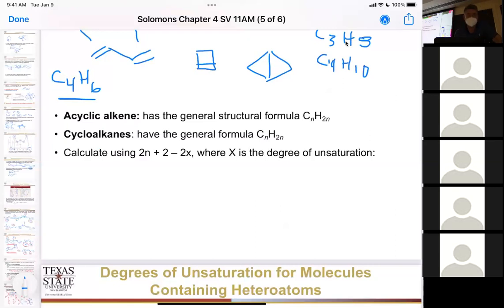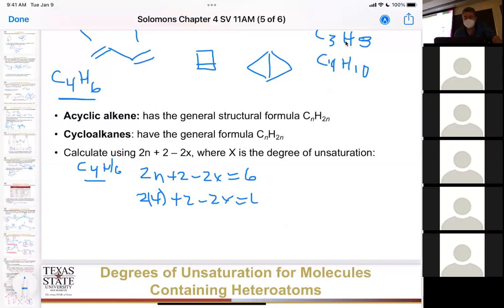Okay, so let's do C4H6. If we look at 2N plus 2 minus 2X, it is equal to 6. Why is it equal to 6? That's the number of hydrogens we have now. We know how many it should have when it's saturated, but this is how many we have now. So we solve for X, and we know what N is. We have 2 times 4 plus 2 minus 2X equals 6.